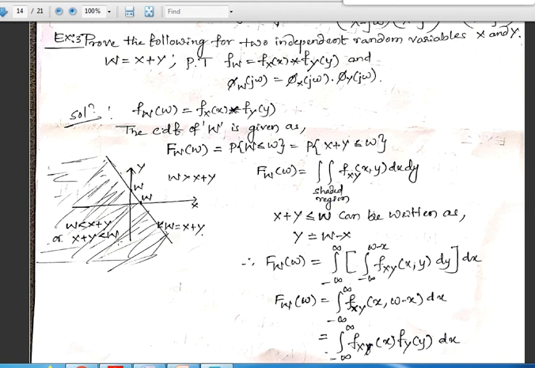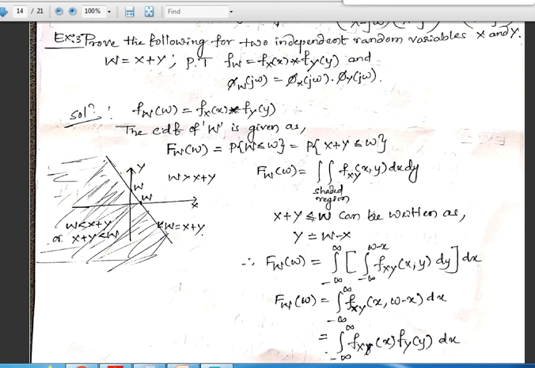Then let's consider a two-dimensional coordinate system wherein the horizontal axis represents x and the vertical axis represents y, and we are considering w as a line. Let's say w is a line which represents x plus y. Then F_W of w is nothing but the integral over the shaded region of f_XY of x, y dx dy.